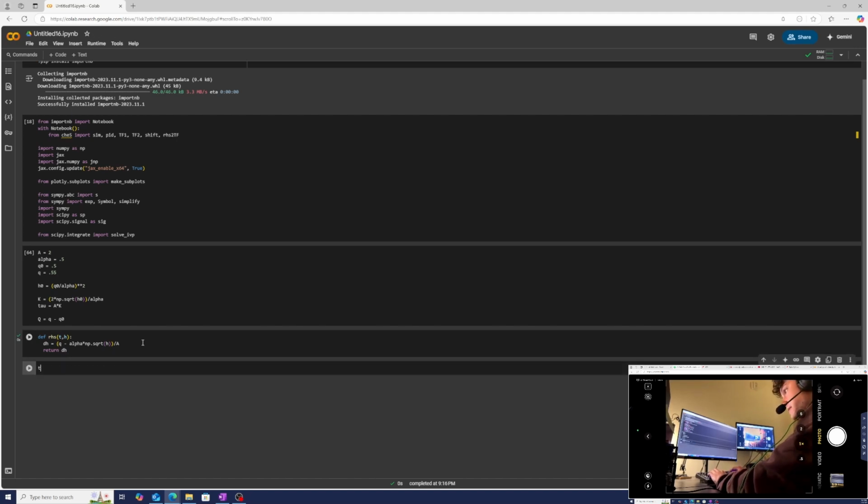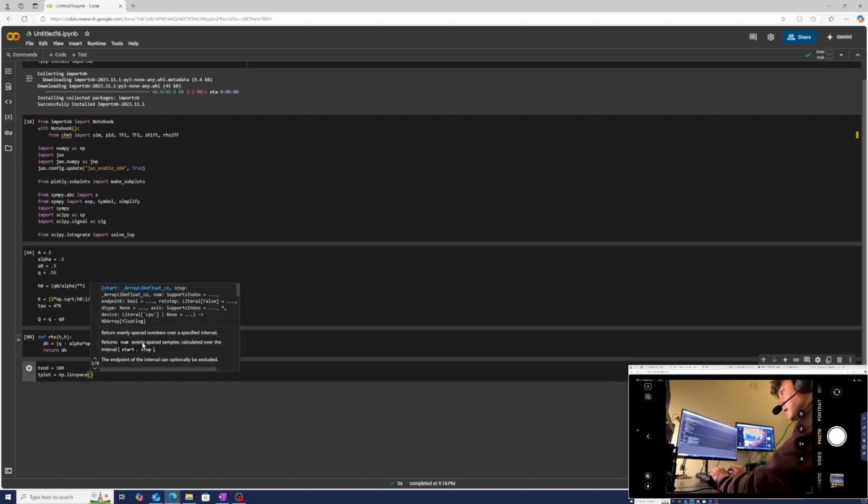So next, we'll define our time. So 500 seconds, our t-plot, which will be np linspace from 0 to t end. We want 100 points.